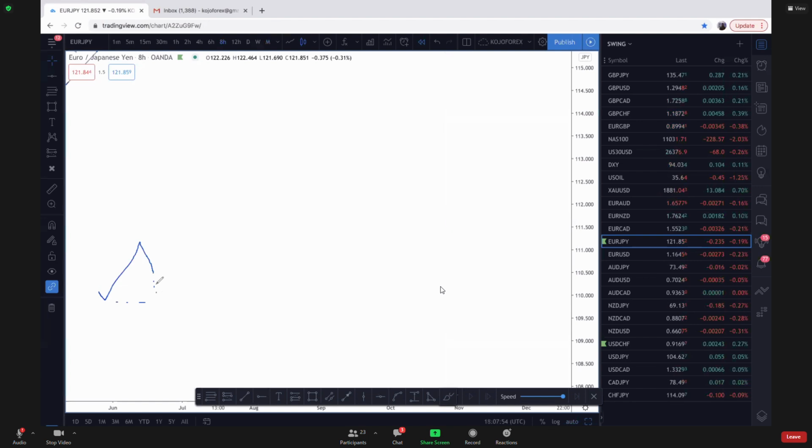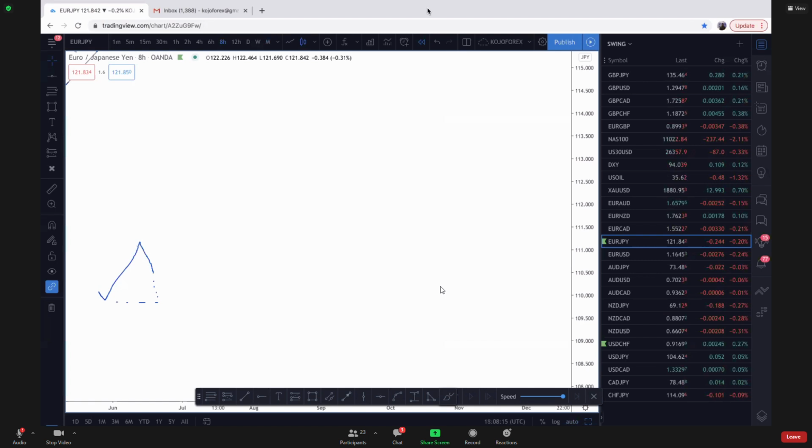But if it doesn't and it pulls back halfway, maybe it gets to here, right? Remember that if here to here is a whole move, we could call it 100% of the move.